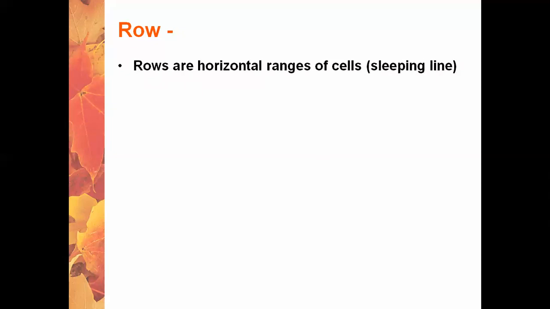Now, let's understand what is a row. Rows are horizontal ranges of cells, that is, sleeping lines. You understand what is a horizontal line and a vertical line. So a row will be considered as horizontal lines or a horizontal range of cells.